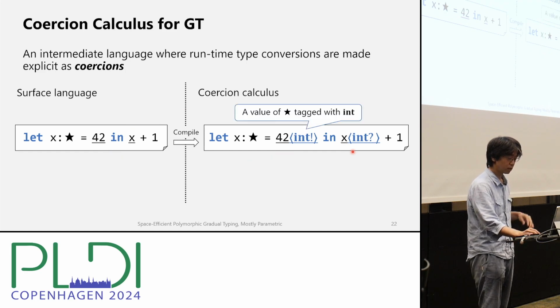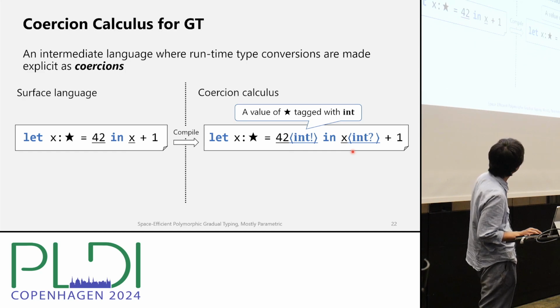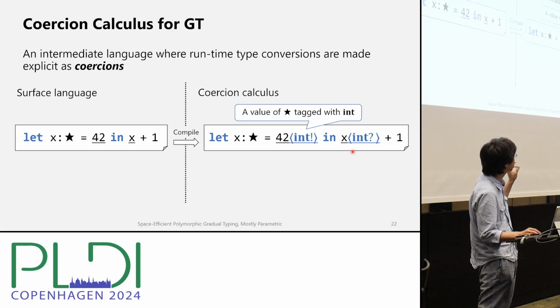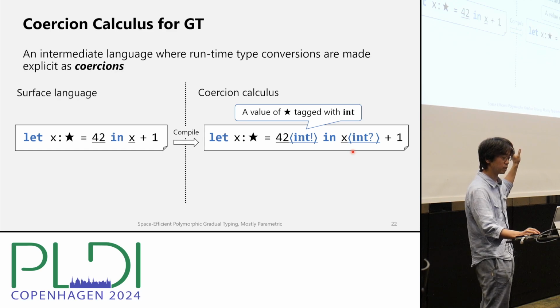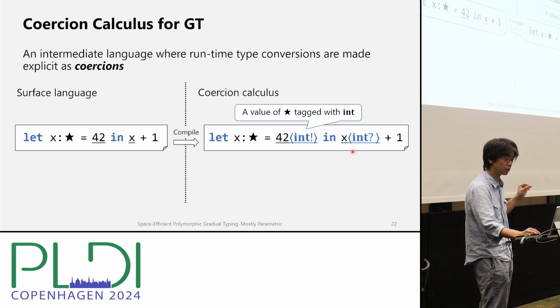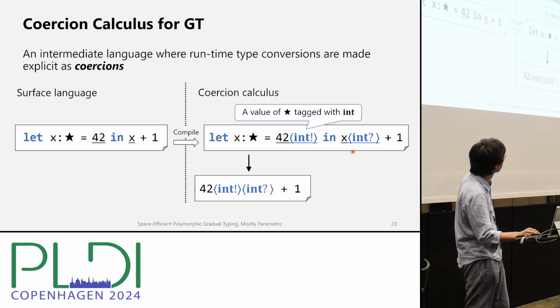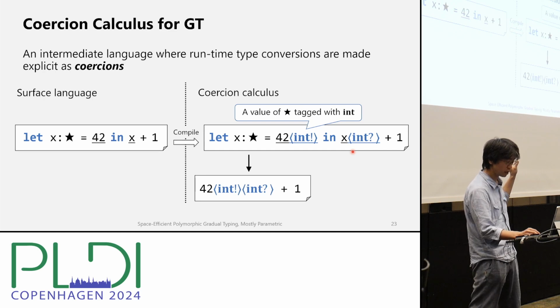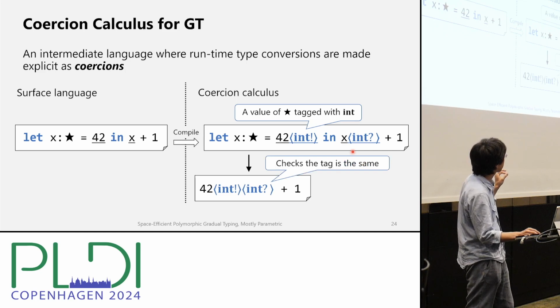This program behaves like this one. So first, the injection coercion just attaches the type tag to the value. So then 42 into bang is just a value with type tag int. And then x is replaced by the injected value. But here int question, the projection coercion, checks the tag.